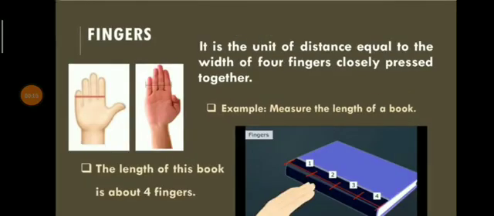Fingers. Students, finger is also known as finger width. It is a unit of distance equal to the width of 4 fingers closely pressed together. Let us measure the length of a book. As you can see in the picture, the length of this book is about 4 fingers.